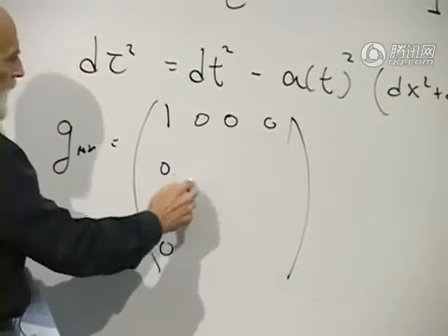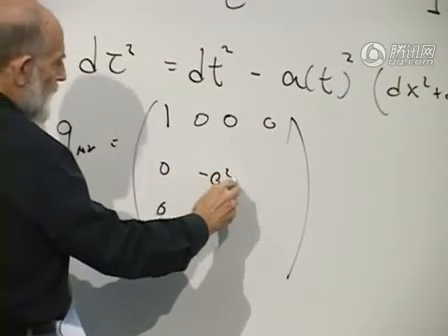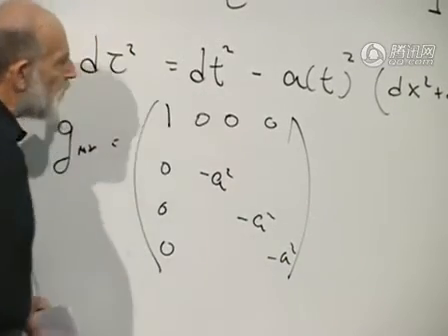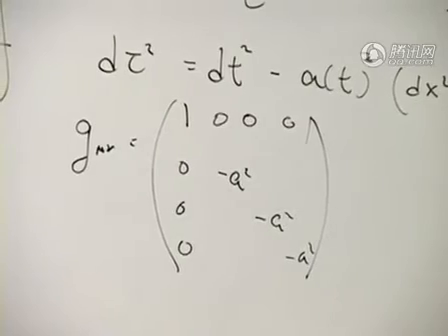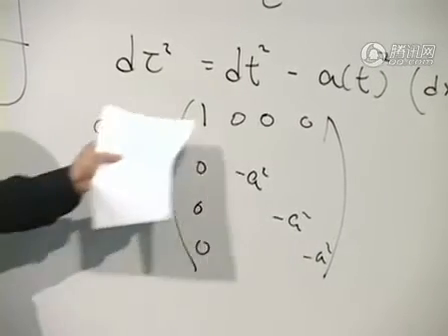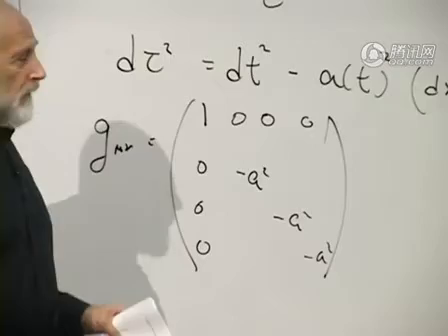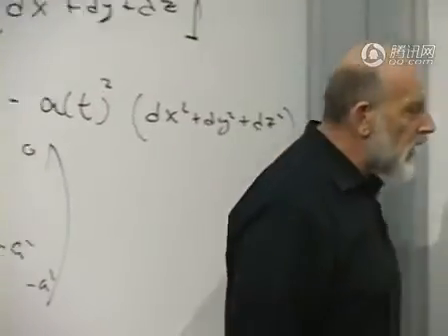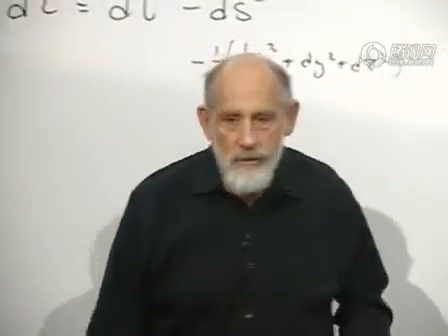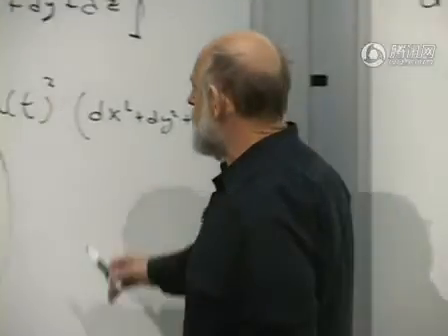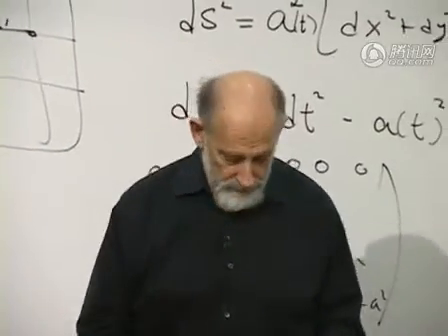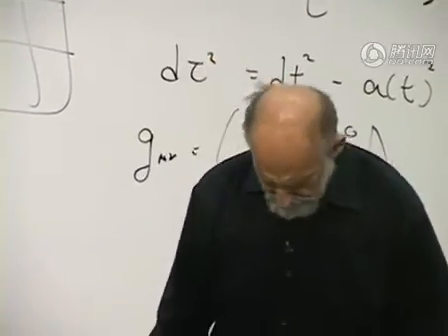And the other terms on the diagonal are all minus a squared, minus a squared, minus a squared. That would be the components of the metric tensor of this metric. It's a very, very simple metric. It's almost as simple as flat space-time. The only thing is that the relationship between the spatial measure and the time is time-dependent.